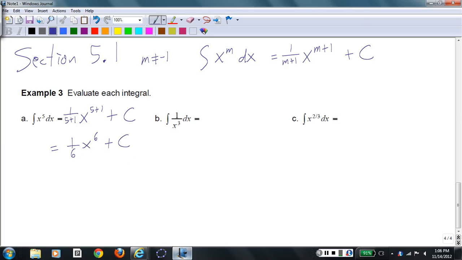And usually it's going to be easier to check our answer than it is to find our answer. If we can quickly calculate the derivative, we would take 6 and multiply by 1/6, then get 6/6 or 1, and then subtract 1 from the 6 to get 5. So it's pretty easy to check that the derivative of this, regardless of what c is, is x to the 5th.